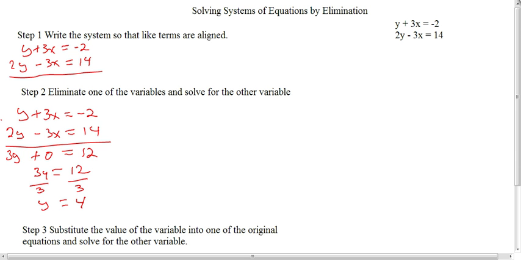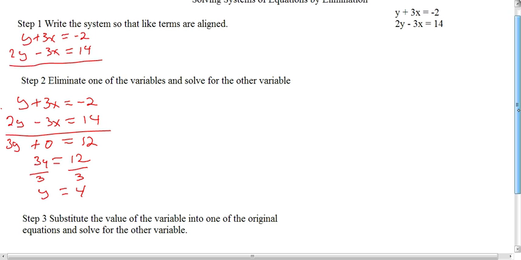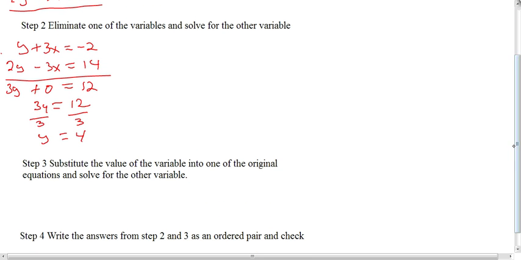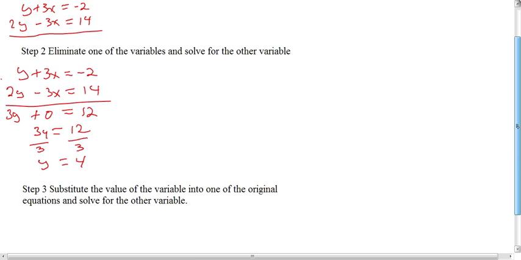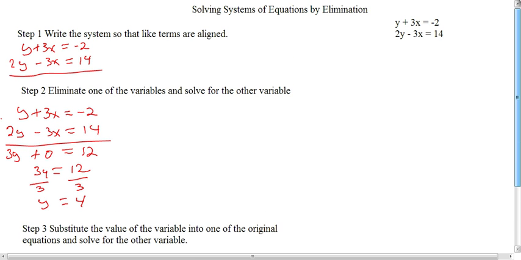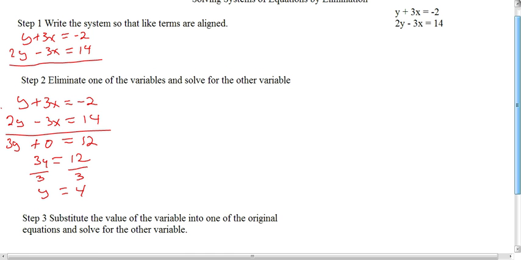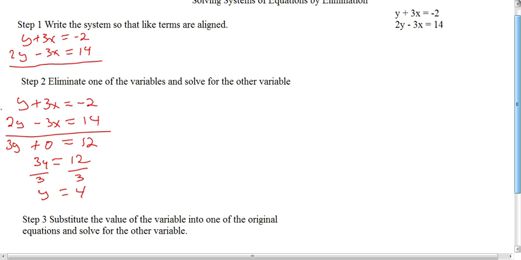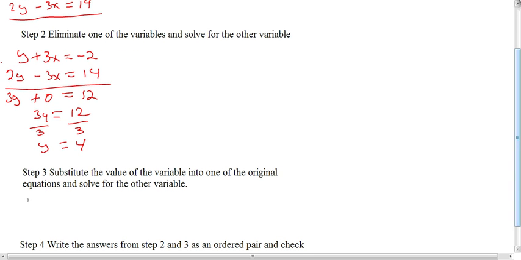Okay, so now we're down to step 3, where we've already solved for one variable. Now we just need to substitute back into an equation and get the other one. It says to substitute back into either one of the original equations, so let's use y plus 3x is equal to negative 2. We substitute 4 for y, so that's 4 plus 3x is equal to negative 2.